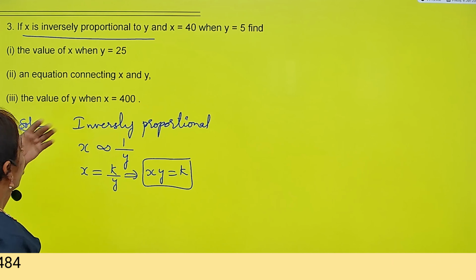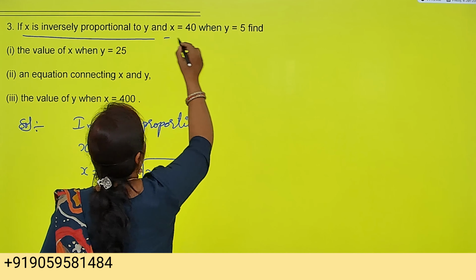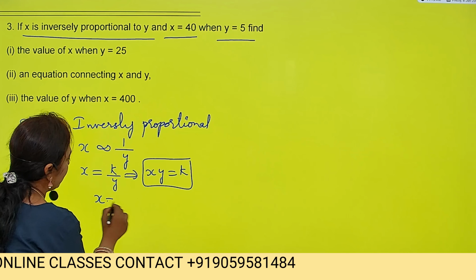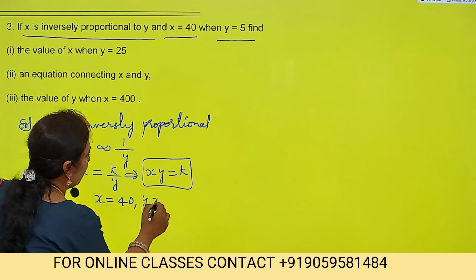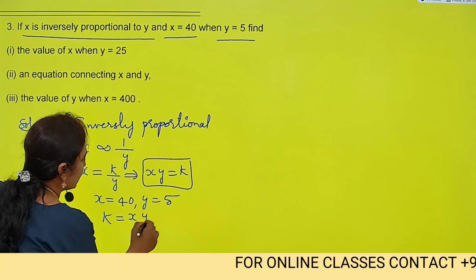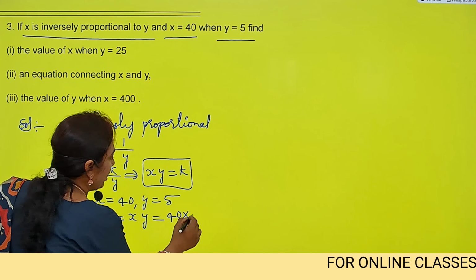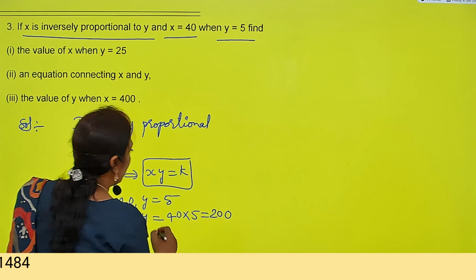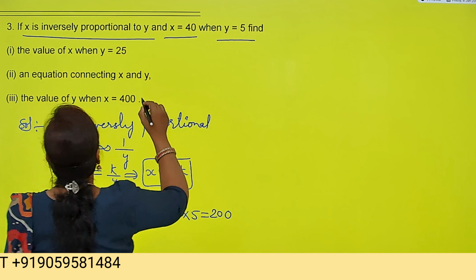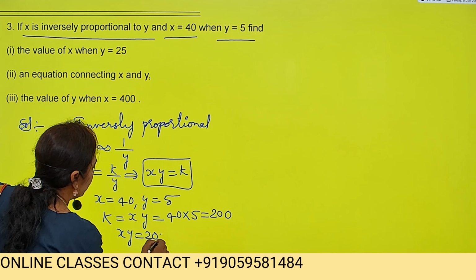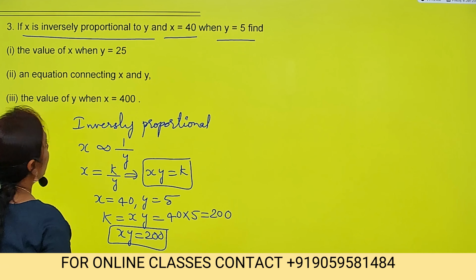Here they have given x equal to 40, y equal to 5. Substitute x equal to 40, y equal to 5. What is k? k equals x into y, that is 40 into 5. 5 times 0 is 0, 5 times 4 is 20. So the relation here is xy equals 200.